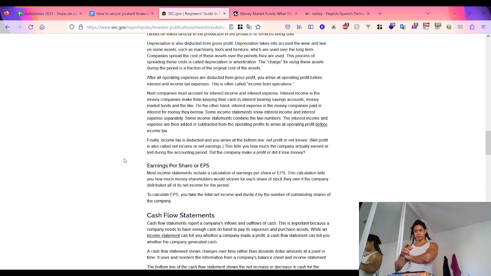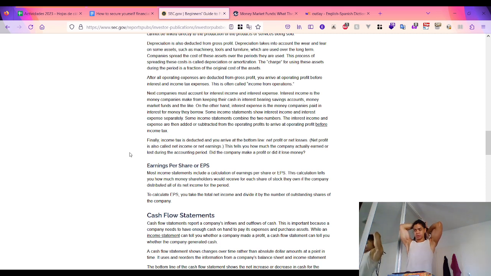And the interest expense is the money that a company needs to pay for money they borrow. Some income statements show interest income and interest expense separately, and some combine the two numbers.